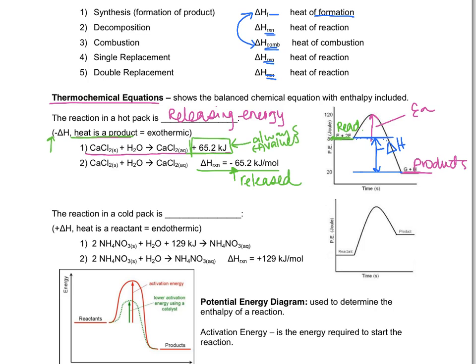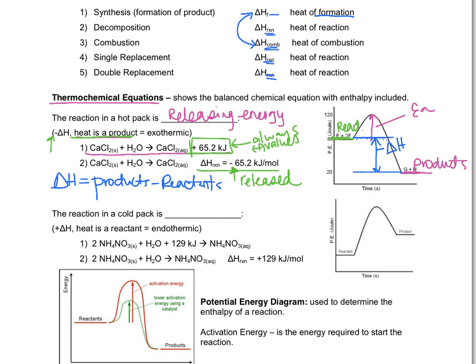You can find delta H by taking the products minus the reactants, so final minus initial. If we take the energy of the products minus the energy of the reactants, we get a negative value. And that's where we get our exothermic reaction. It tells us that we lost energy.